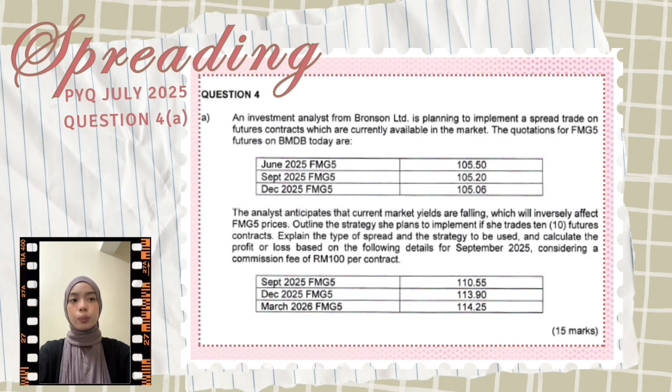1 full point move. Here, the strategy is to buy December 2025 FMG5 and sell September 2025 FMG5, because it's stated in the question that we are expecting the interest rate to fall, therefore the futures price will rise.